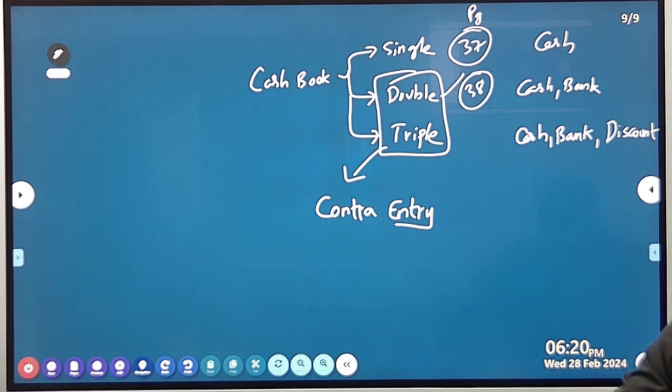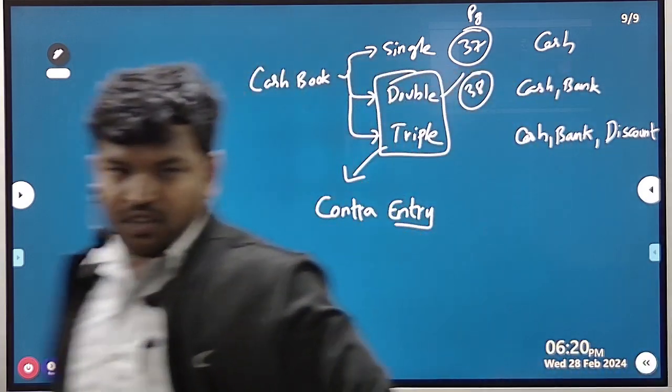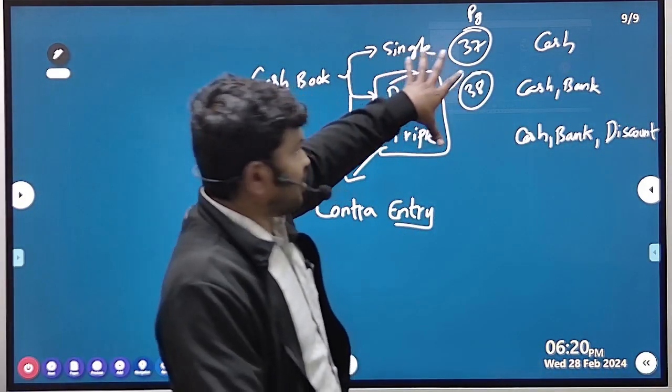Discount received is an income, it will have a credit balance. That's the reason. Any doubts till now? So these are all the three different cash books.